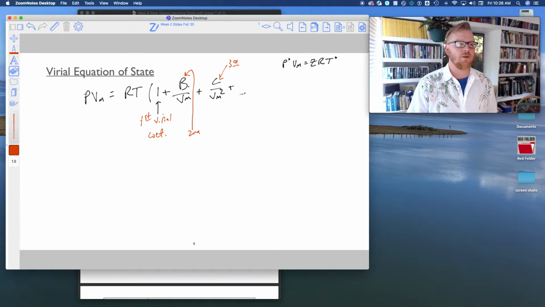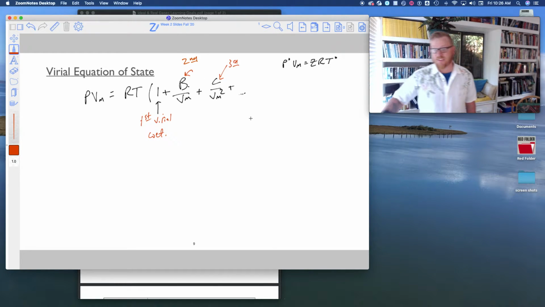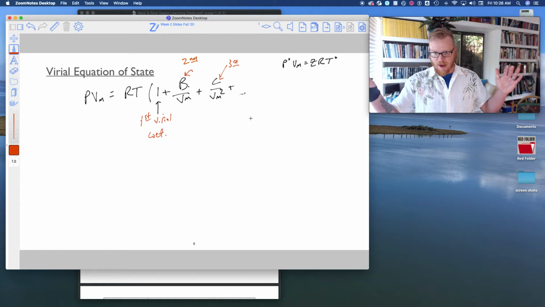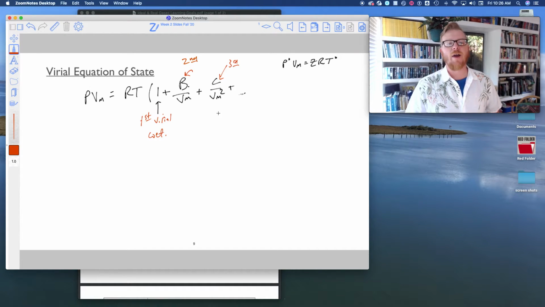I'm going to actually clear up some room for myself here. Yes, second. And of course, if we wanted a fourth or fifth or sixth or seventh, this is an expansion of powers, then we recognize it would be like 1 over Vm cubed, and D would be the fourth coefficient.